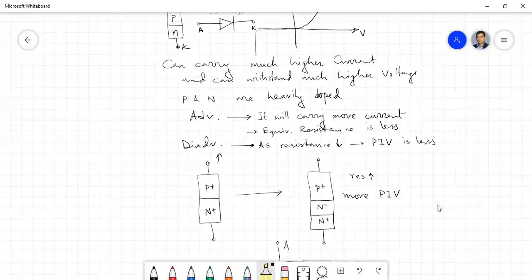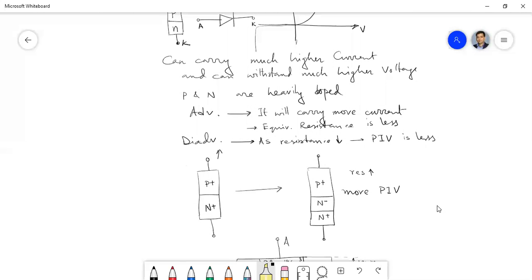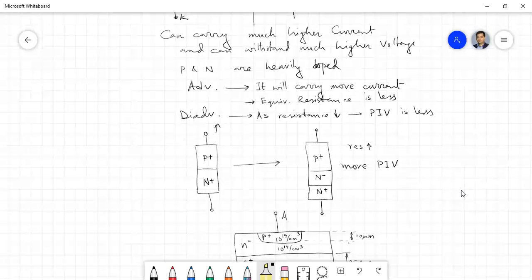So in this modified configuration, which is practically used for the power diodes available in the market, generally these three layers are available. The P plus having a concentration of 10 to the power 19 per cubic centimeter, and N minus having 10 to the power 14.